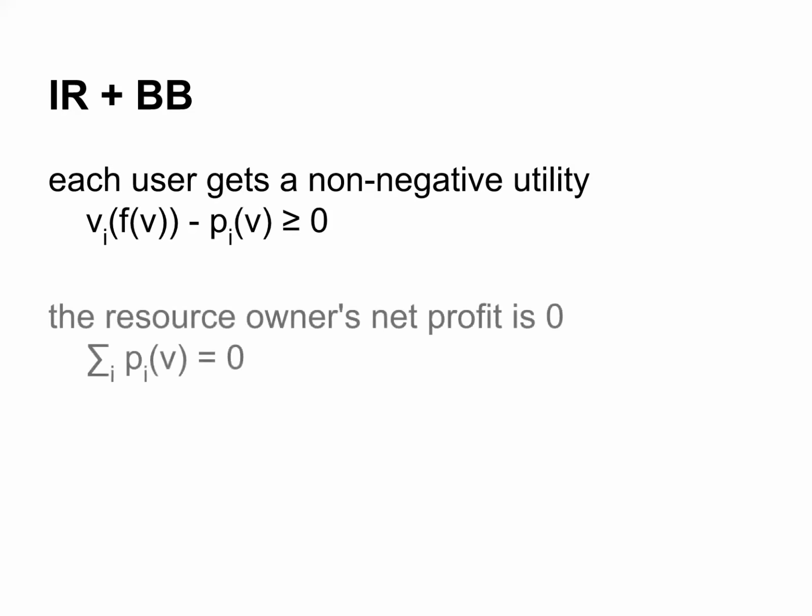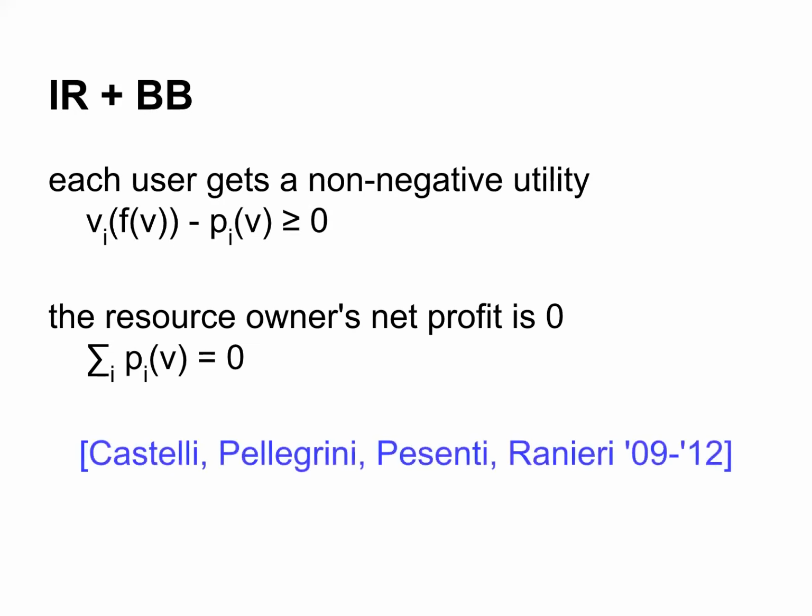So each user gets no negative utility, and the total amount of money is constant. So there's kind of no outsourcing, no money coming from outside, no money going outside. That's non-trivial. I'm not going to go into the details of how it's possible to do, but it's possible. This is what the Italians did a few years back. It's possible.